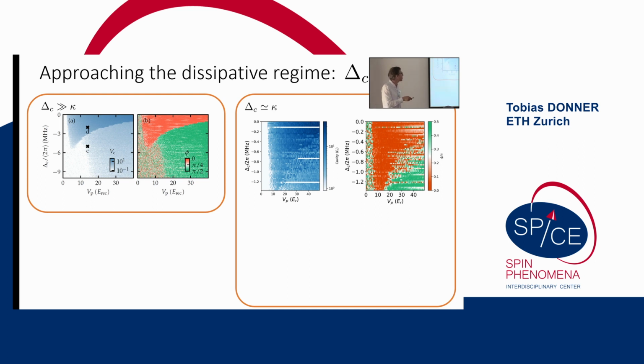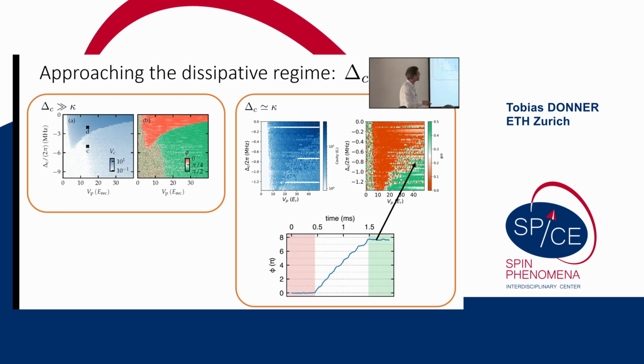So if I take a cut along one of those lines here at a fixed detuning, then you see that the phase is indeed starting at 0 and ends up at n over 2 times pi. So it's 7.5 pi here. But you see that in between there's a monotonic evolution of this phase. And this monotonic evolution means that somehow the phase acquired in the system is constantly evolving until it arrives at this point.